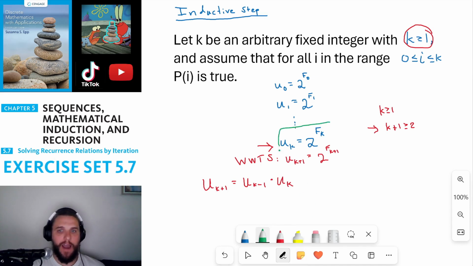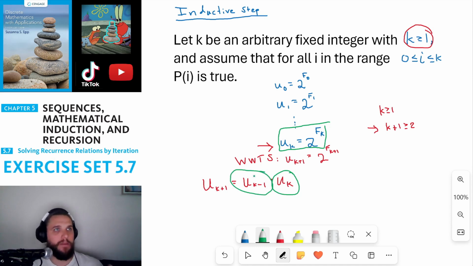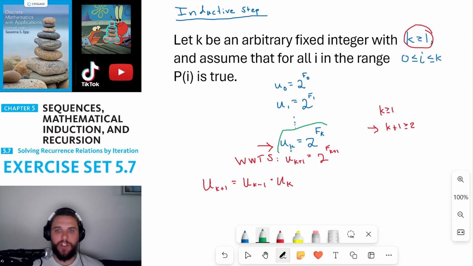Now, our inductive hypothesis tells us information about u sub k. The reason why we can't use normal mathematical induction here is because we don't just need u sub k, we also need a formula for u sub k minus 1 if we want to finish this inductive step. Strong mathematical induction will give us equations for both of these, which makes strong mathematical induction a little bit more useful here. So on one hand, u sub k equals 2 to the f sub k.